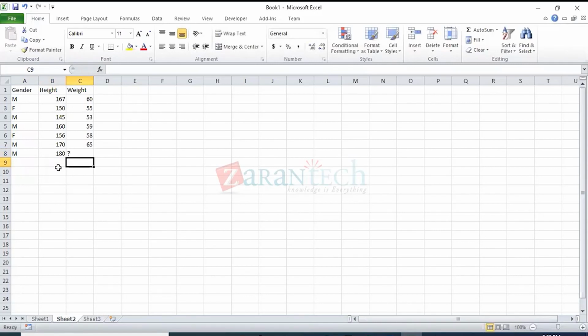I have a data set that consists of three variables: gender, height, and weight. You know the gender, height, and weight for all these data points, but there is one data point where I don't know the weight. I want to predict the weight for this gender and this height.